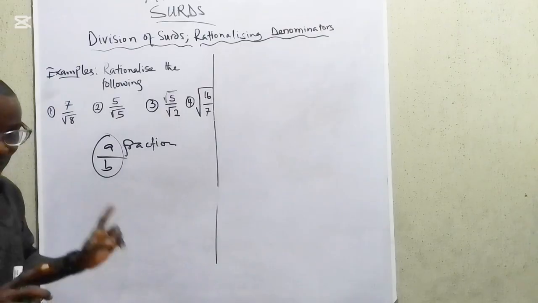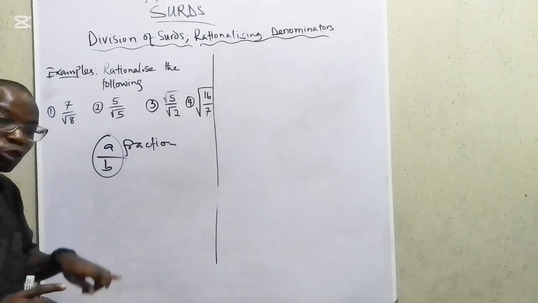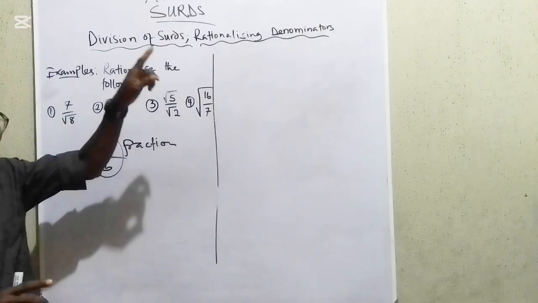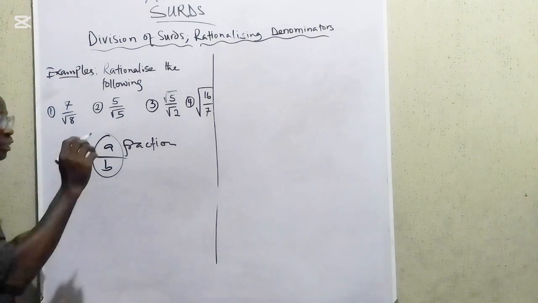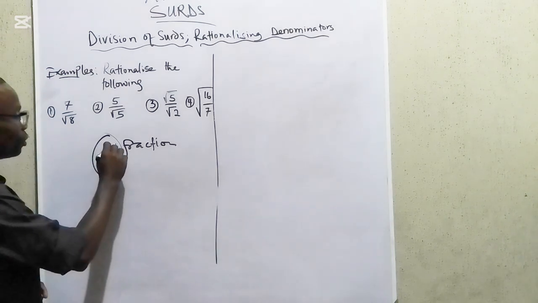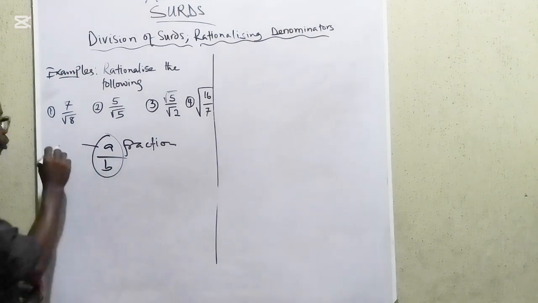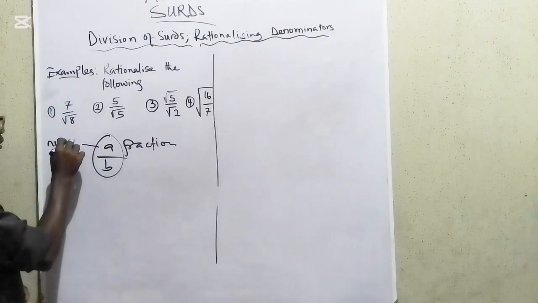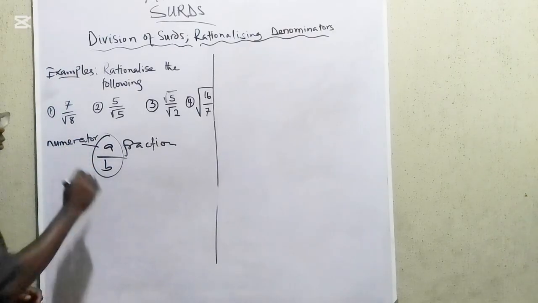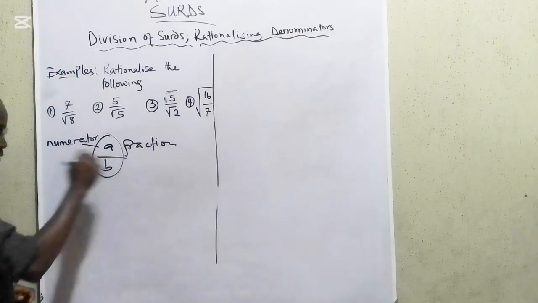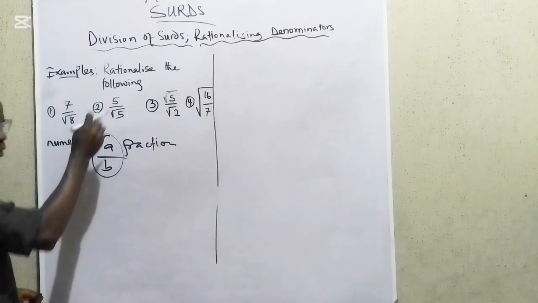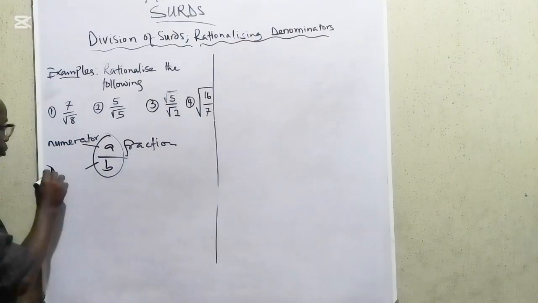But then don't stop there. Whatever you do to the denominator, you do to the numerator. Now please remember, from your lower levels, you know that a fraction is made of both the numerator, which is the part of the fraction above, and then the denominator.